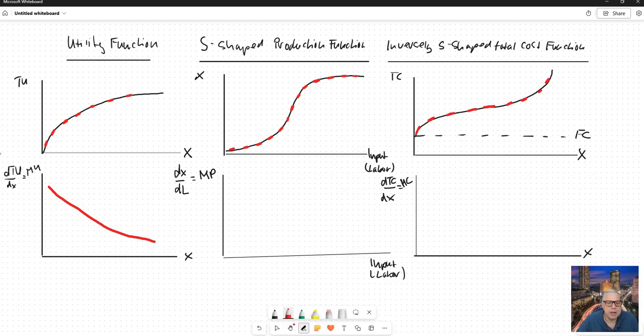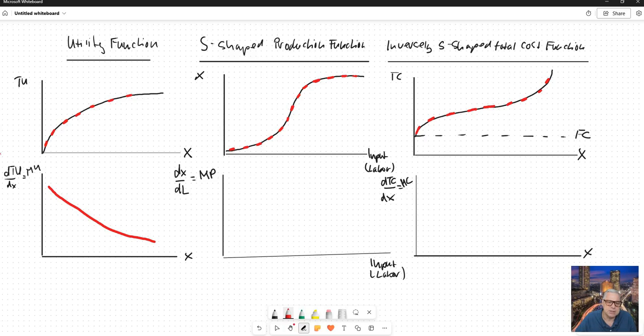What about the marginal product? So we start out with a very flat slope, but then because of the specialization gains from the division of labor, the output grows faster than the input, but then we reach a point of inflection and output starts growing at a lower rate than the input.